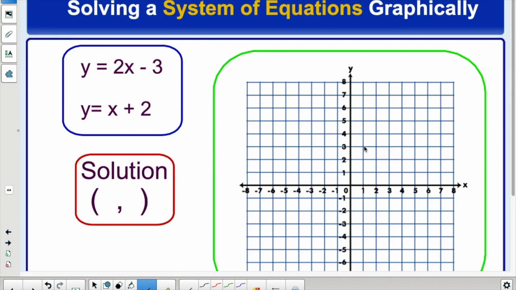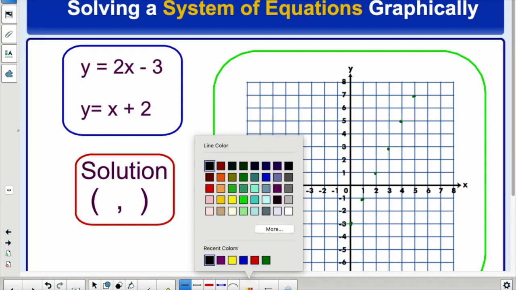So for this example, if I had to graph this, I'm going to graph the first one in green. It's going to start at -3, go up 2 over 1 to the right, up 2 over 1 to the right. I'm going to use a solid line to graph this because it's an equation.